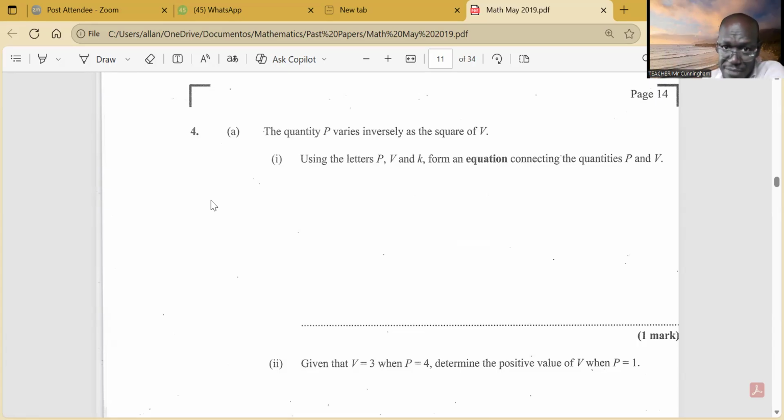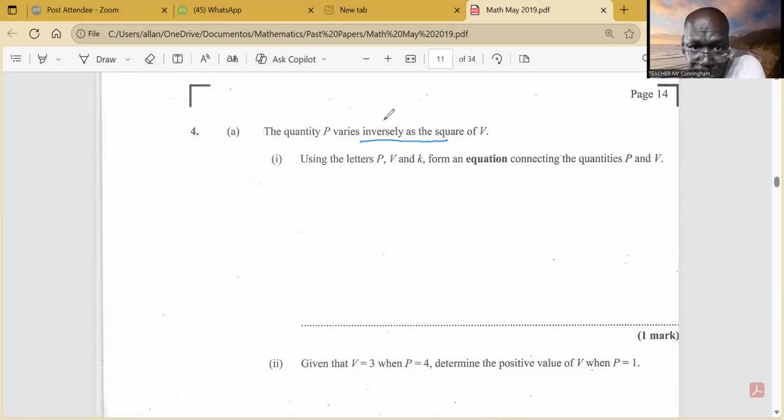So, Kyla, read number 4 for me. The quantity P varies inversely as the square of V. Using the letters P, V, and K. Stop. So they are saying the quantity P varies inversely.